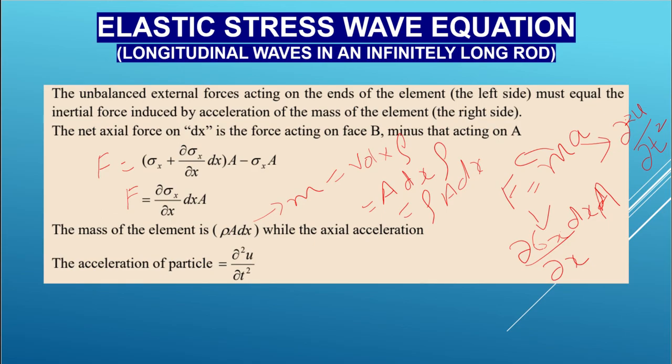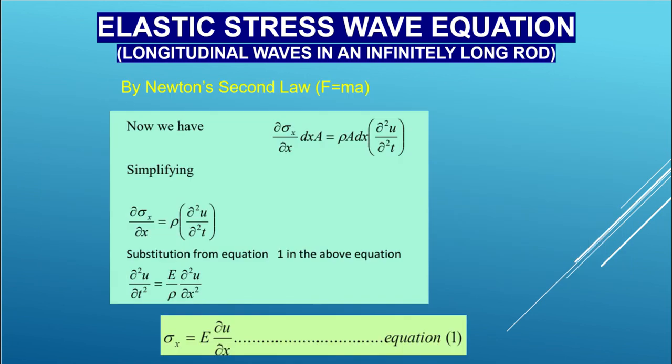So rho A dx is mass. This one is acceleration, and this one is force. So putting all these things together, we will get F is equal to ma. This one is force, this one is mass, and this one is acceleration. And simplifying this particular equation, we will get this particular one.